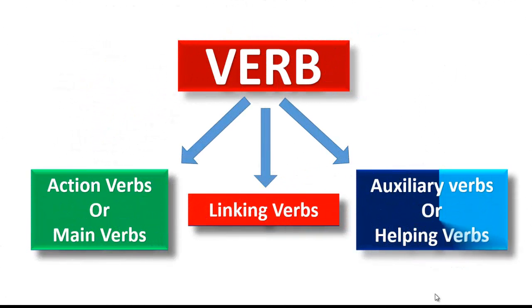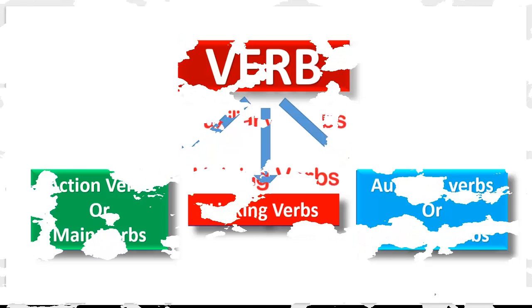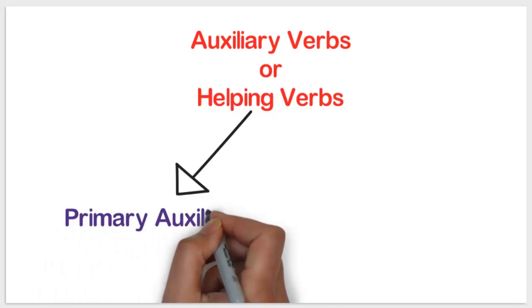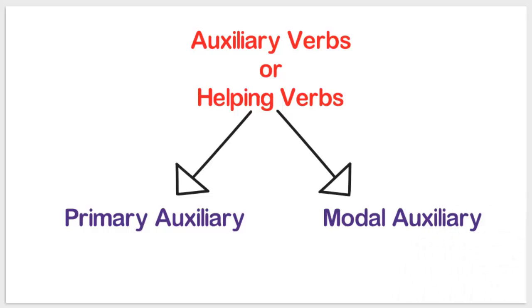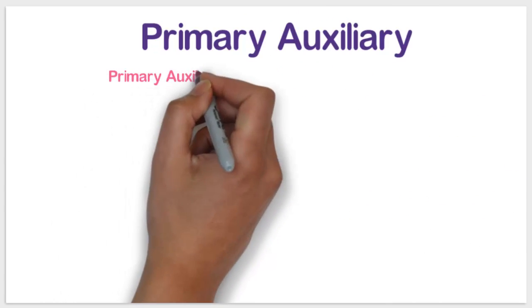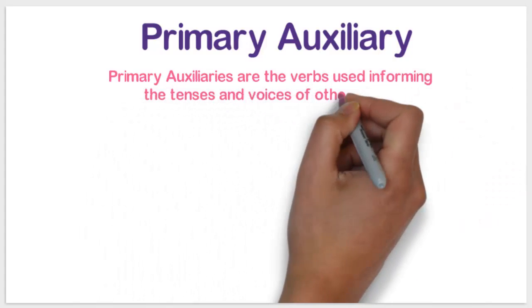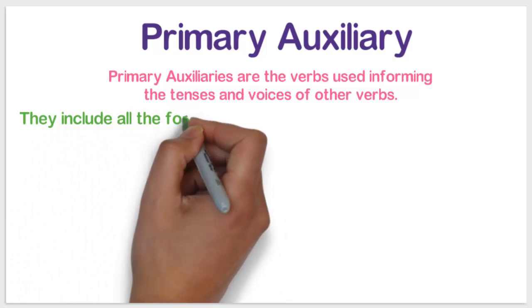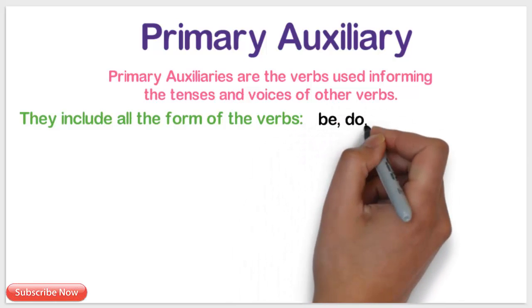Now we will be learning the third type of verbs, and they are auxiliary verbs or helping verbs. They are also divided into two types: primary auxiliaries and modal auxiliaries. Primary auxiliaries are the verbs used in forming the tenses and voices of other verbs. They include all the forms of the verbs be, do, and have.